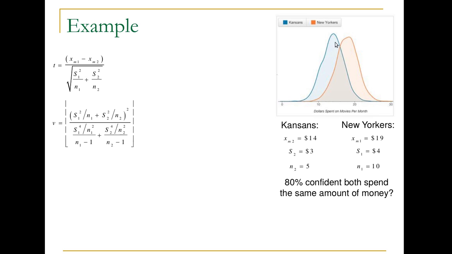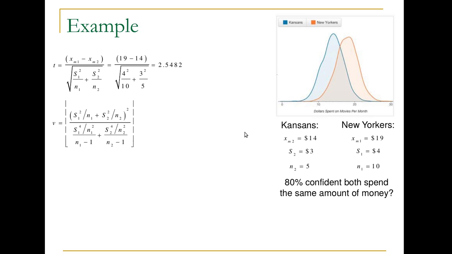Now, if we were able to ask everybody in Kansas and everybody in New York, then we would be able to know this definitively. But since we just have sample sizes of 5 and 10, we'll use a t-test to predict whether or not they come from the same population, or if there really is a difference between the average amount spent by people in Kansas and New York.